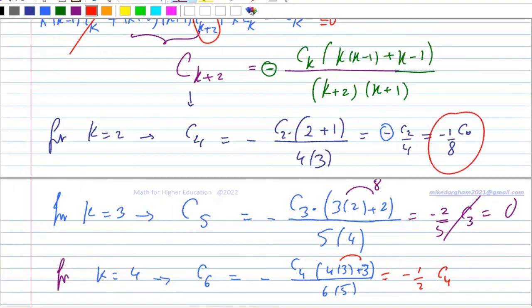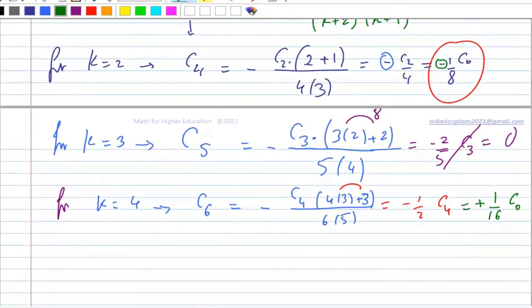What do you do with the 8 and the 2? This is going to be 1 over 16. Minus, be careful for the minuses, you get a plus. So the answer is 1 over 16 C0. So in C0, I have 2 terms other than the basic one, so 3 terms in there. But you should know that if I go 1 more K, those are all zeros.